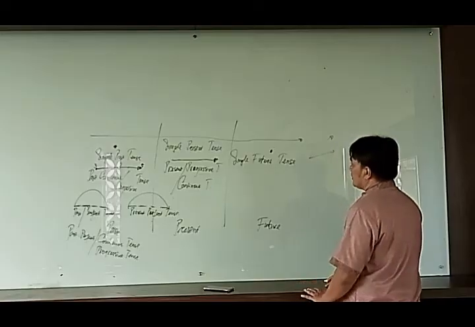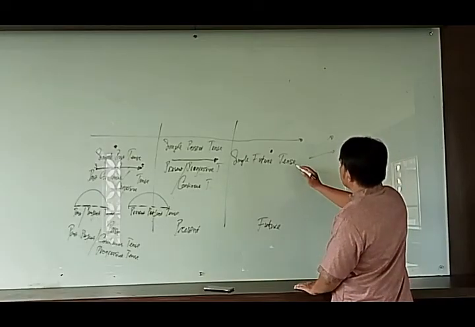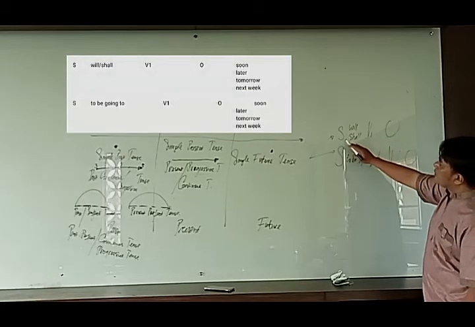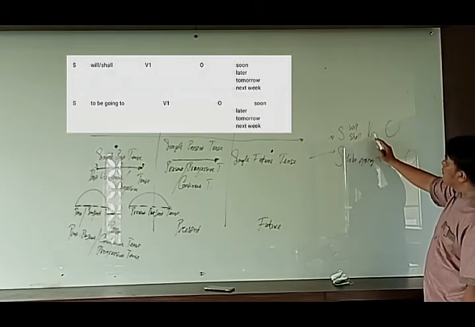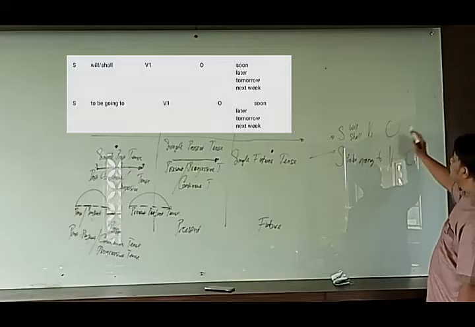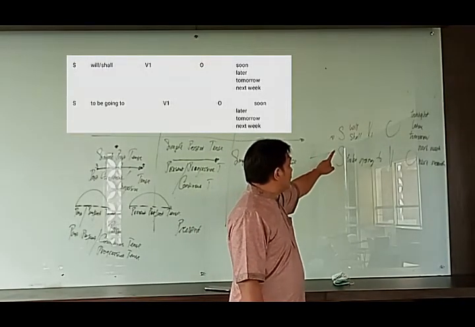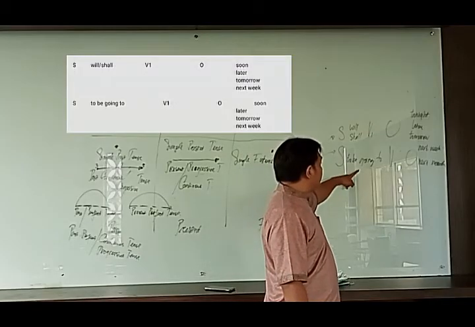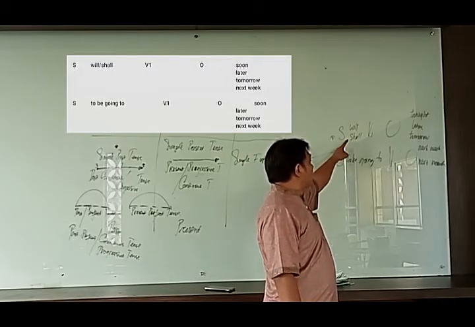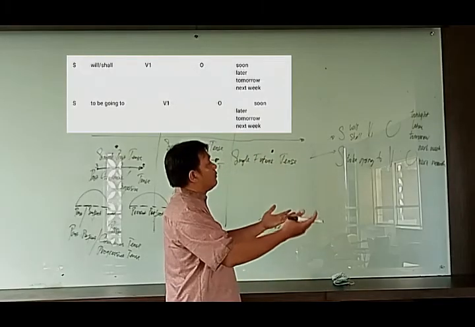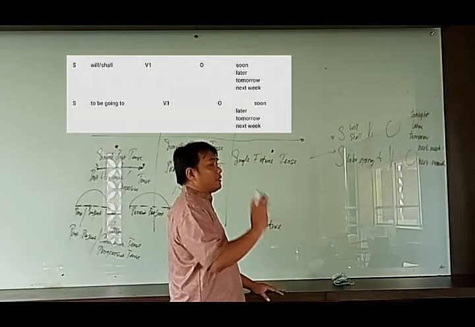Okay, students, the simple future tense has two types: subject, will, shall, verb one, then object. The difference between the first type and the second type, the first type means that we plan for the activities at the future.